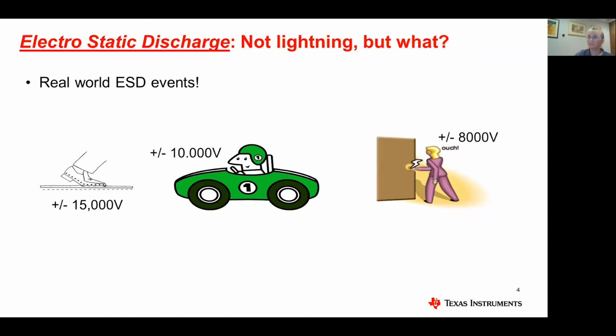Static electricity is all around us. If you feel this event, it's in the range of plus or minus 8,000 volts or higher.